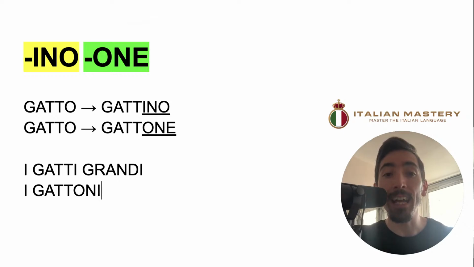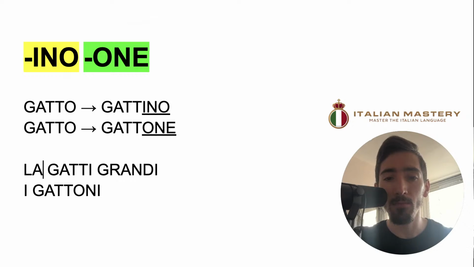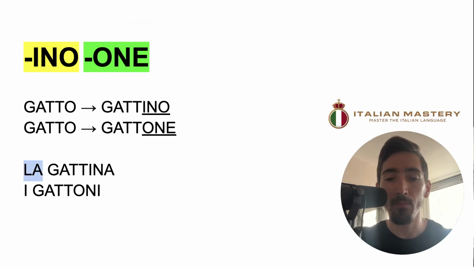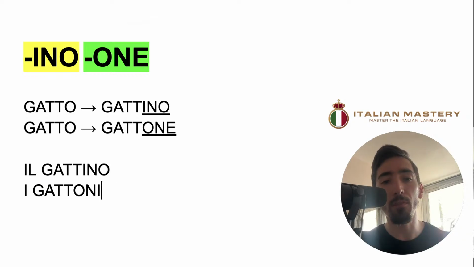What if it's a small cat but feminine? So a female cat. La gattina, Ina. So Ino becomes Ina. Il gattino. These are all different variations, right?